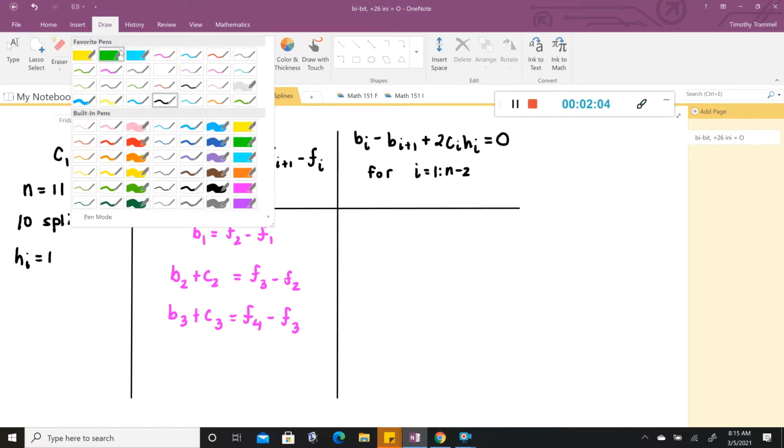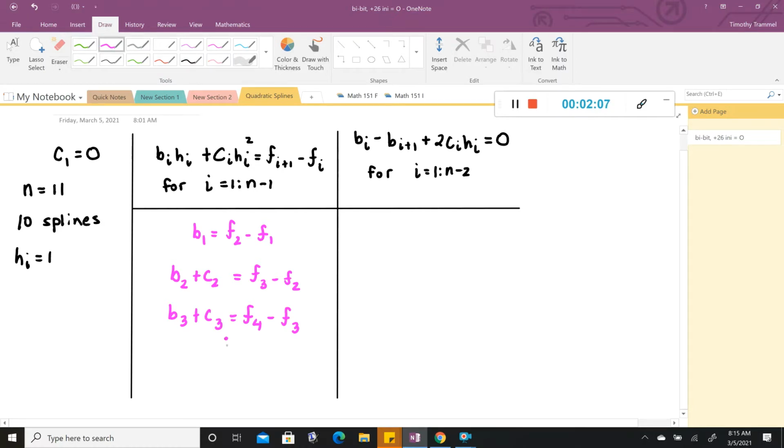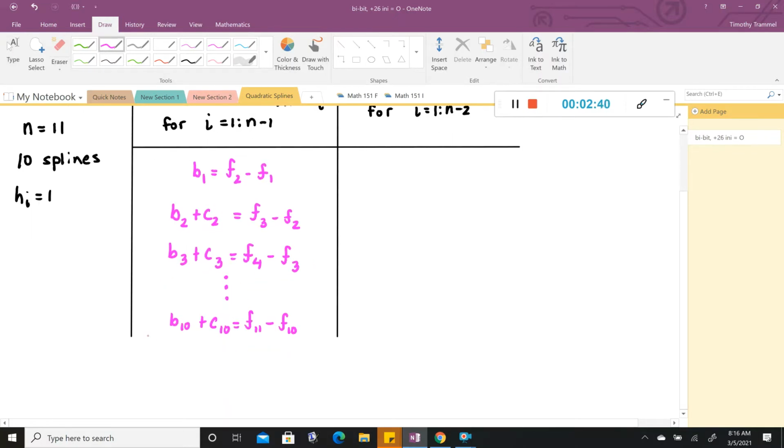And if we go to n minus 1, what's that last equation look like? Well, n minus 1 for us is 10, so that would be B sub 10 plus C sub 10 is equal to F sub 11 minus F sub 10. All right, and so that is 10 equations.